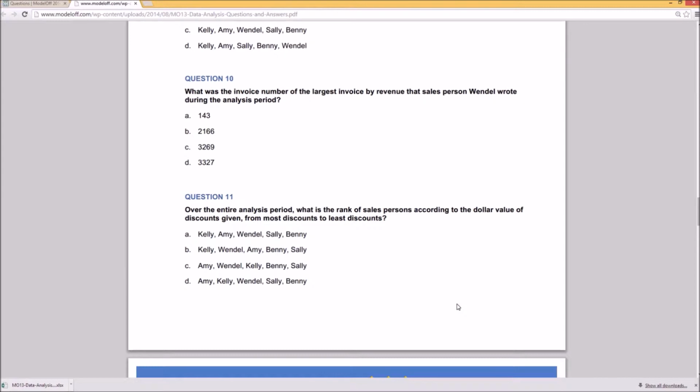Next question. Over the entire analysis period, what is the rank of salespersons according to the dollar value of discounts given from most discounts to least discounts?